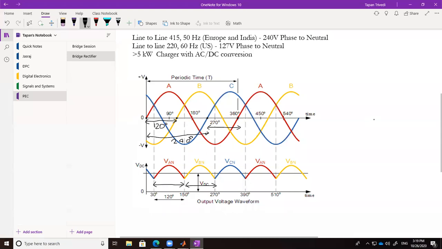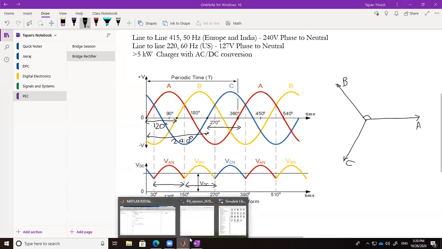So basically in phasor form, they are like this: A phase, B phase, C phase. So this is A, this is B, and this is C. And all of them are 120 degrees apart, right? So the phase difference is 120 degrees, and we need to set it.